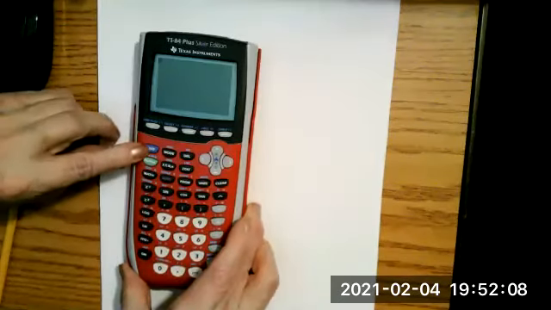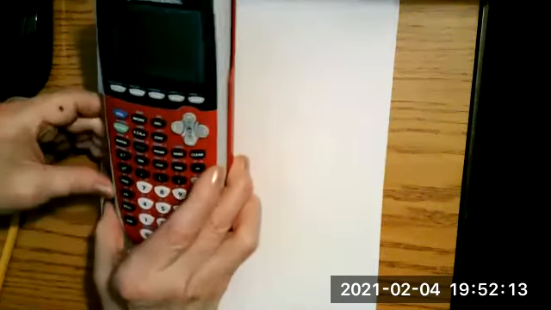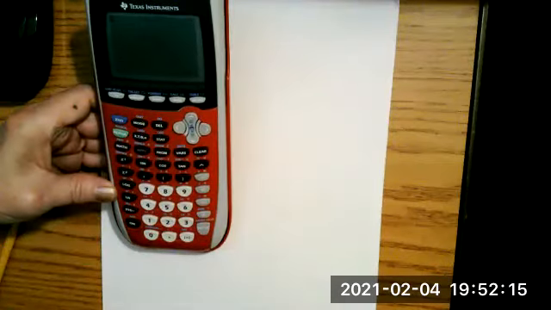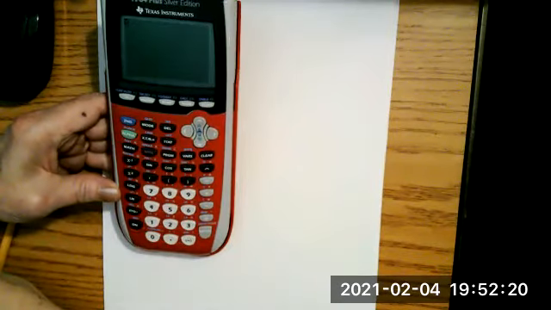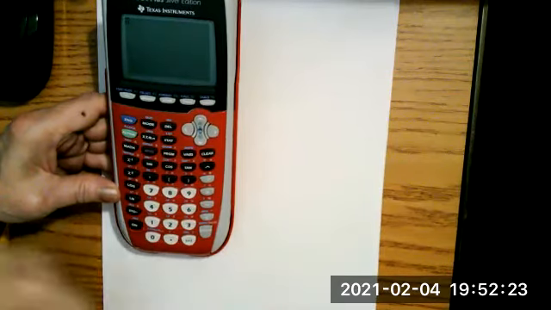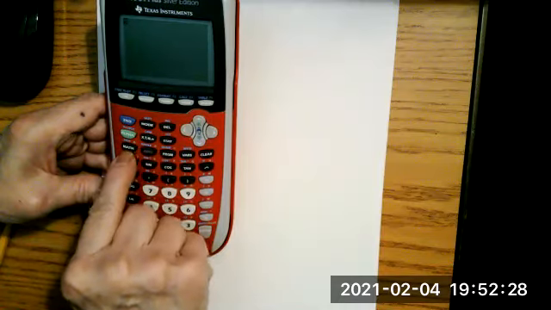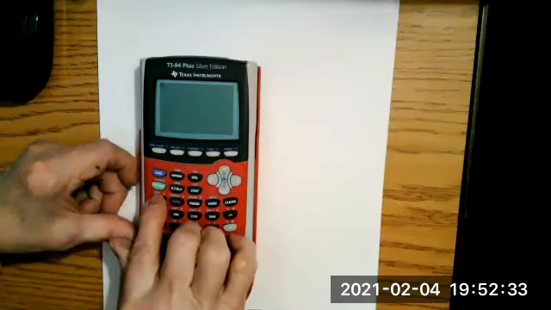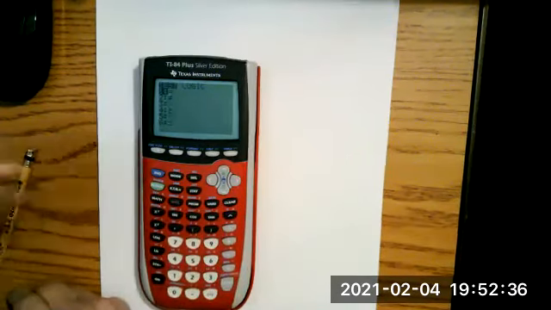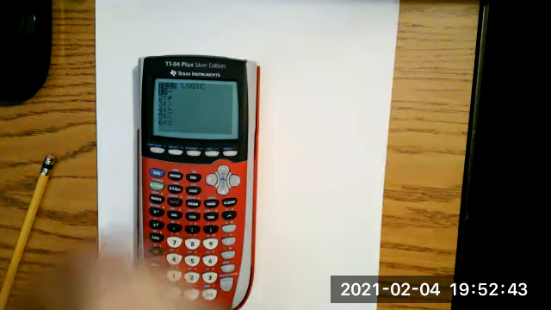If you hit second and you go down to the one that says test, do you see a word that says test? It's right above the math key. Okay, I see it. Now hit it after you've hit second, and you'll see your list of inequalities. Okay, I now see it.